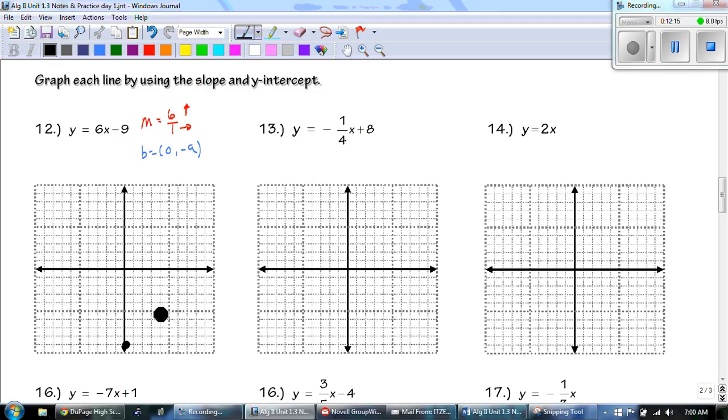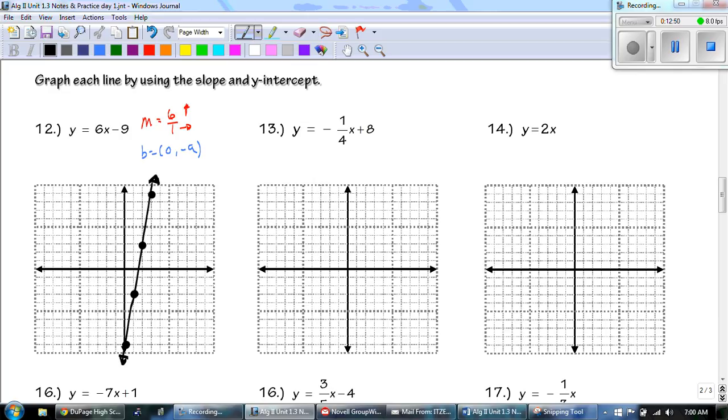So at -9 is where I start. My slope tells me to go up 6, 1, 2, 3, 4, 5, 6, over 1. Okay, I've made my points. And then I'm going to get my ruler. Draw a nice and straight line. And adding my arrows.